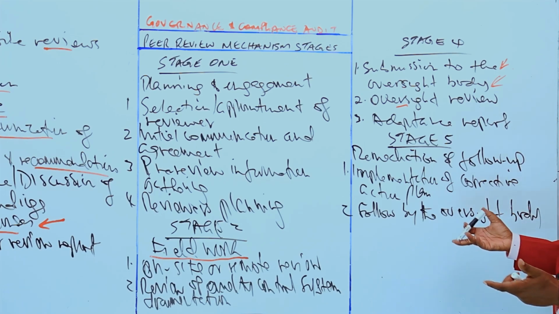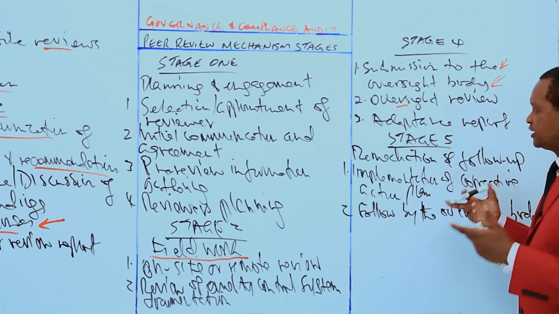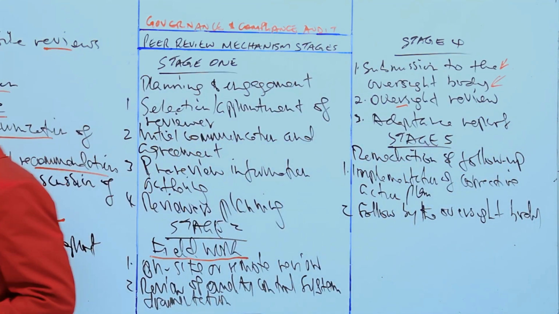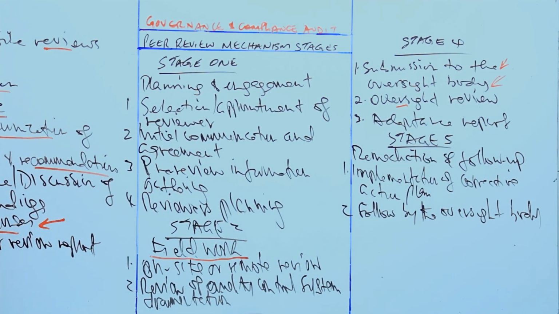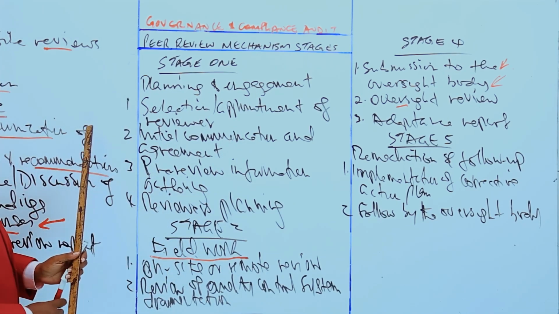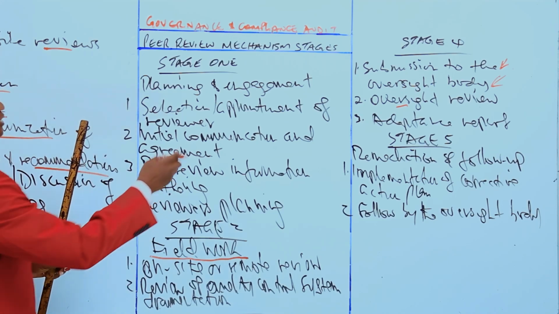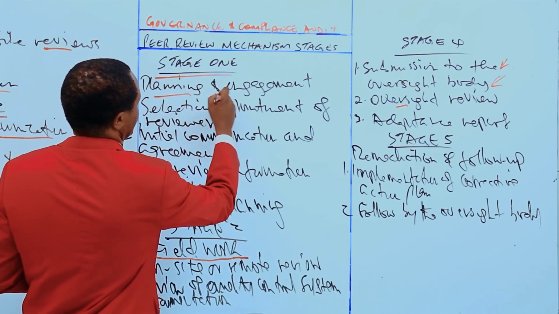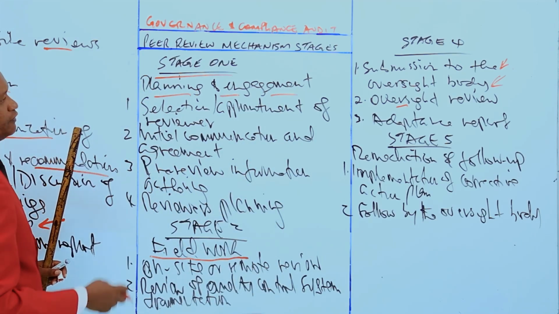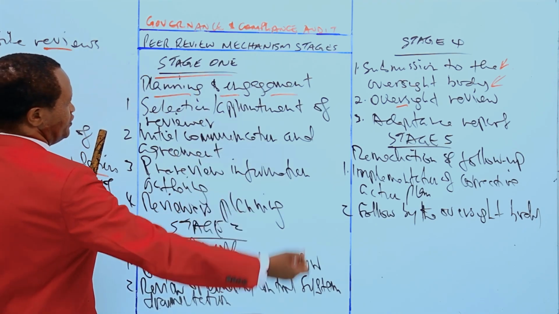And that's all for peer review mechanism stages. There are 5 key stages. We've discussed the 5 key stages, beginning with stage 1, planning and engagement, where the reviewer is selected and appointed by the firm that is being reviewed.